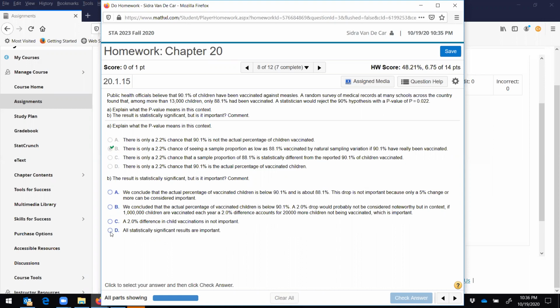Yeah, this should be just, this is statistically significant because the p-value is low. So our results should be important.